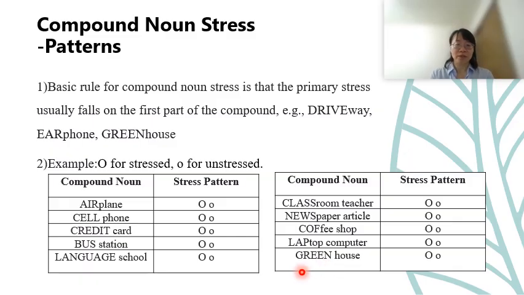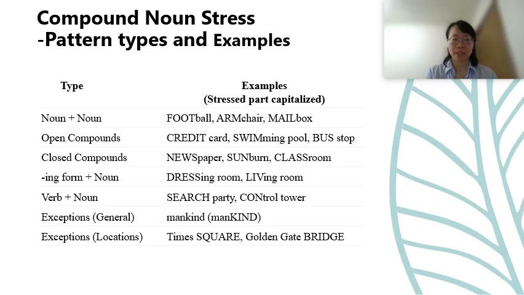Okay, any questions related to this rule for compound noun stress so far? Okay, good. We'll introduce some patterns and types of compound nouns and the stress of compound nouns.